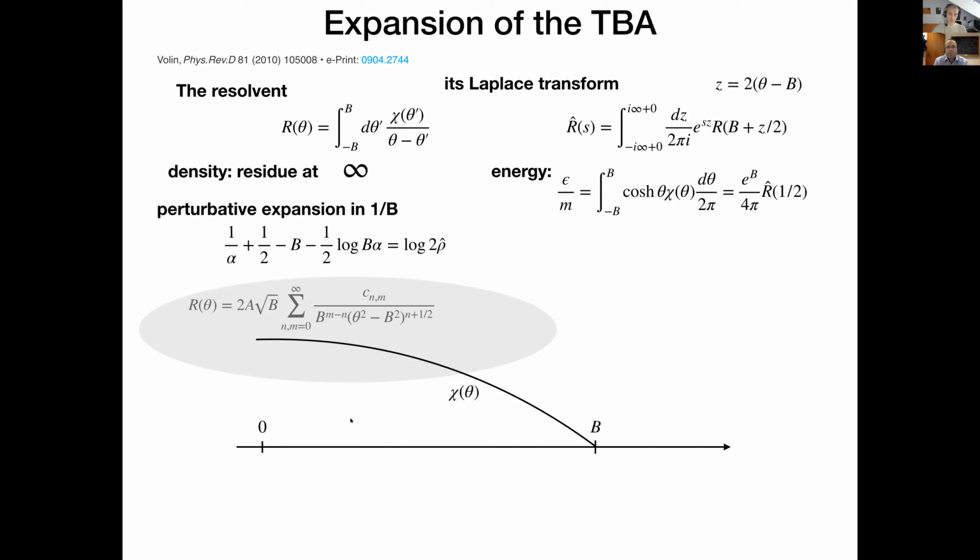But the difficulty with O3: I'm showing this parametrization R of theta, the resolvent as a function of theta. I'm showing an ansatz for this function, which contains the square root of theta squared minus b squared, having exactly this cut structure. But for other O(N) models, even O3, this is not the full ansatz.